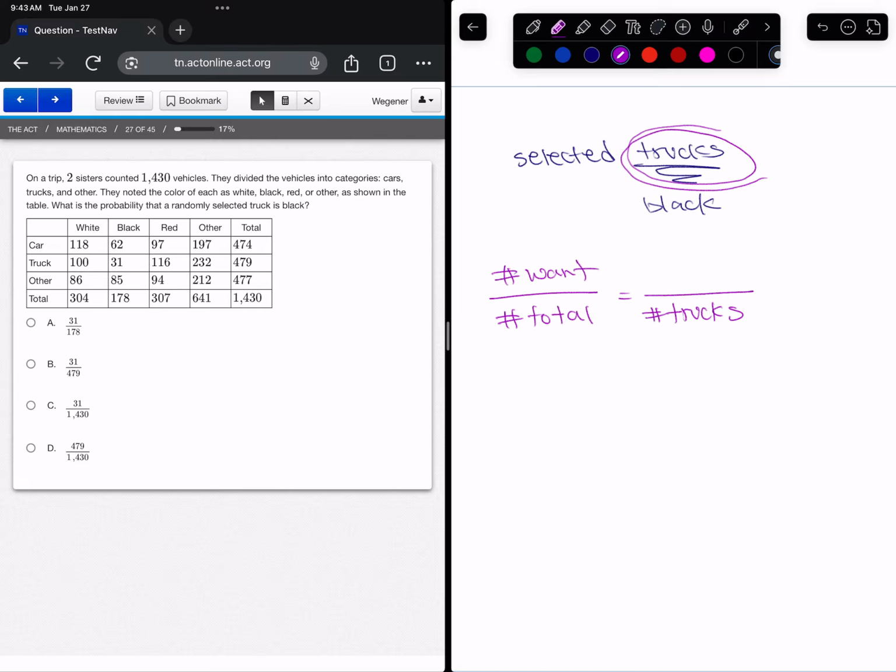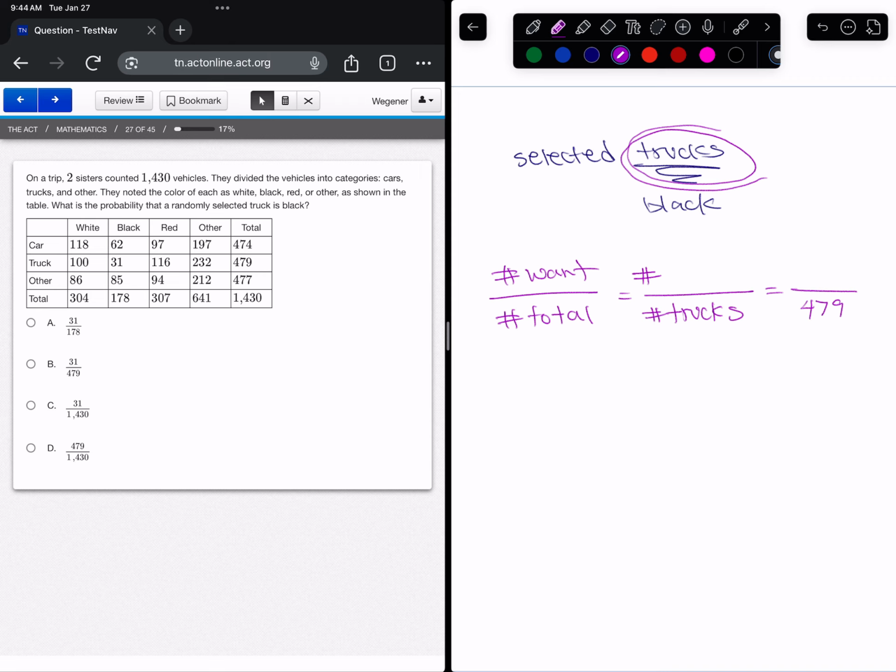And if we look at the total of trucks, it's going to be at the very bottom of the table. That's going to be 479. That's how many trucks there are that they saw.